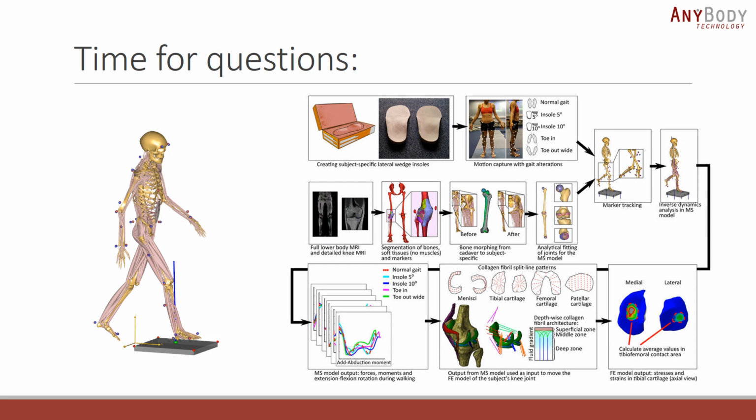And next, we also wanted the length of the stance phase to be as similar as possible to the healthy one, because if your stance phase is significantly longer than the normal one, then you're bound to have a lower impact in the knee, and then you have artificially lower stresses. So we wanted to make sure that wouldn't happen.